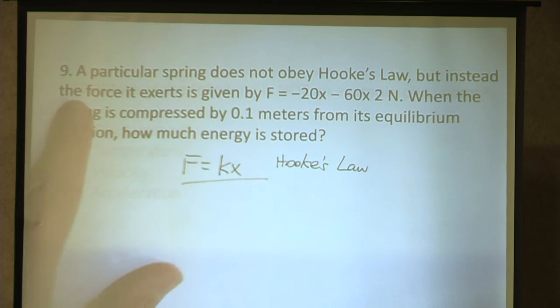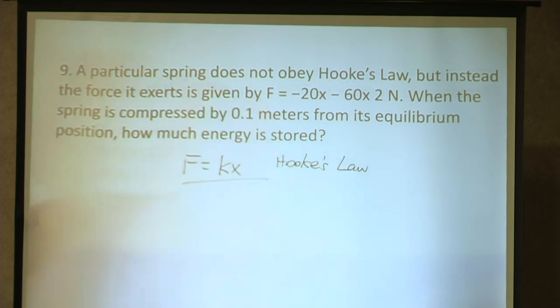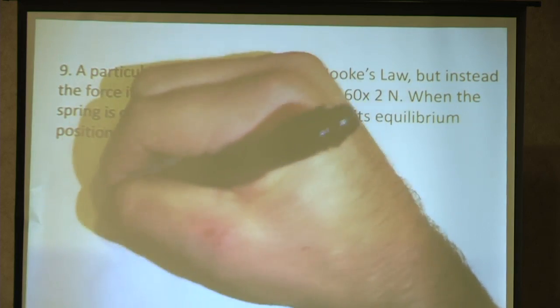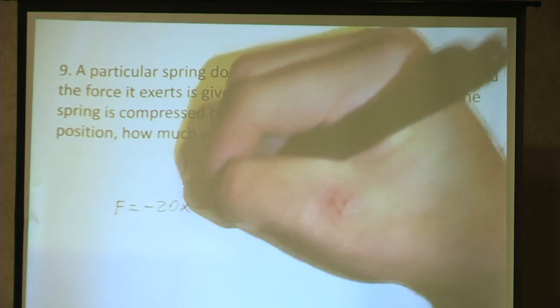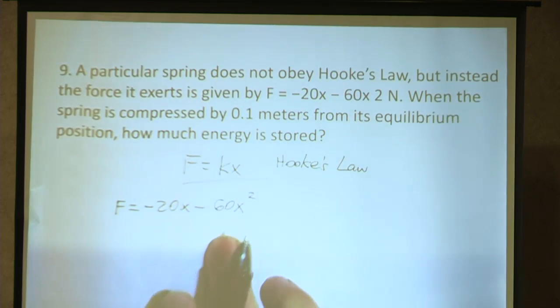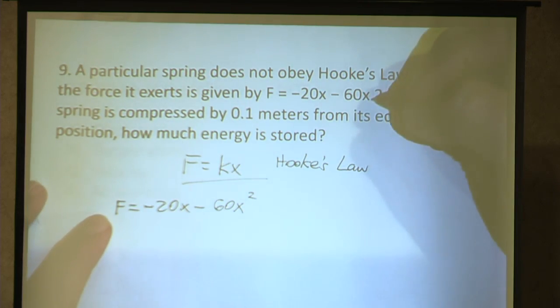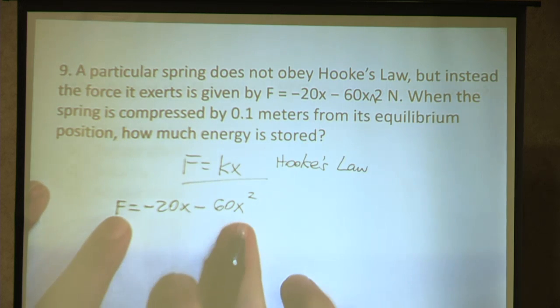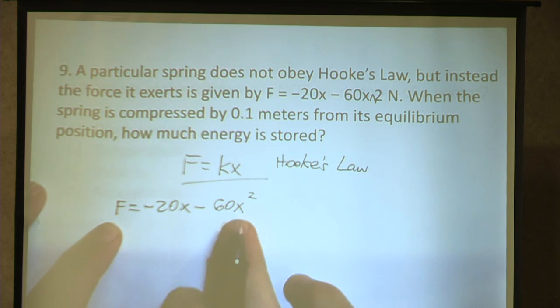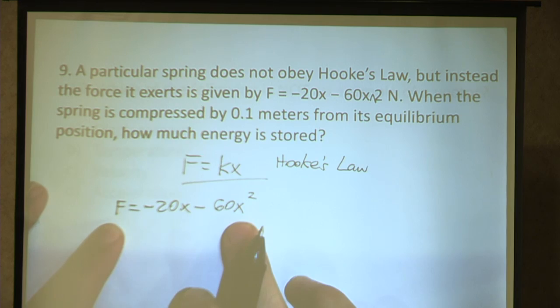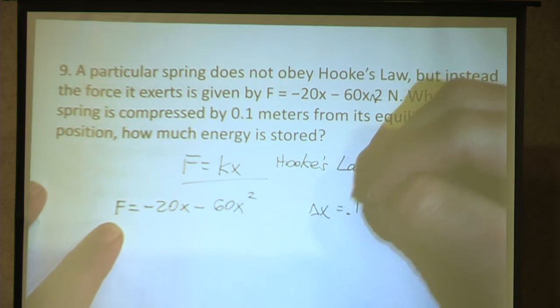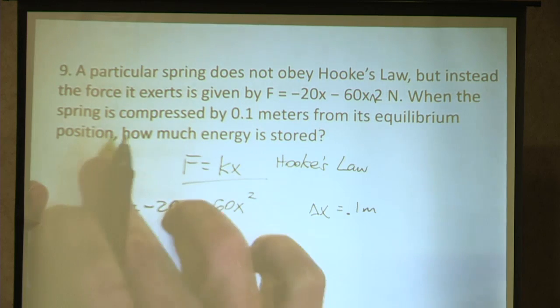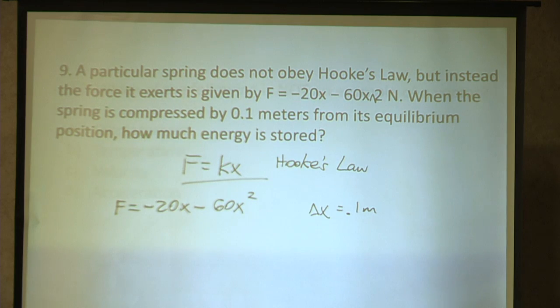So the force of the spring is given by this equation. It didn't really come out. That's 60x squared. It's supposed to look like that. So when the spring is compressed by 0.1 meters, so let's call delta x 0.1 meters from its equilibrium, how much energy is stored?